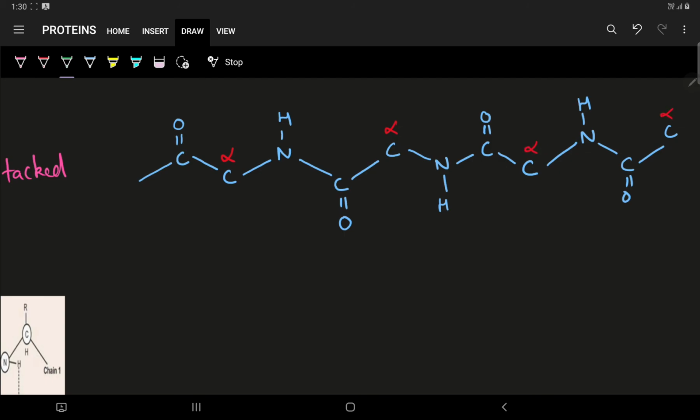Now we shall be drawing another polypeptide chain containing the sequence of amino acids linked together.